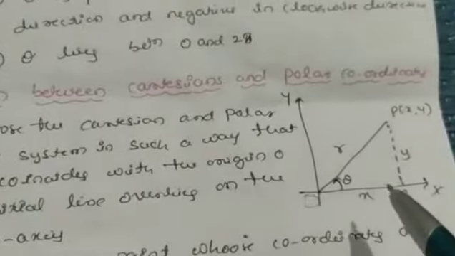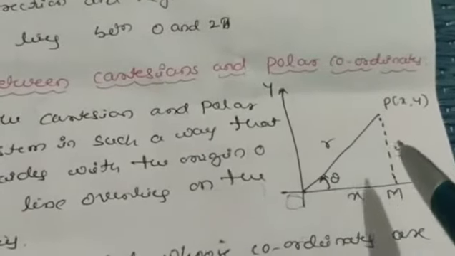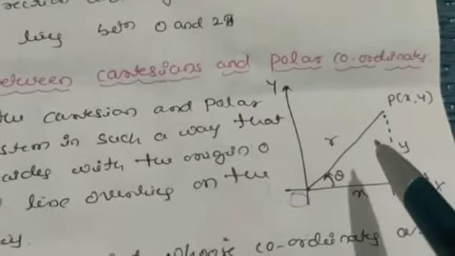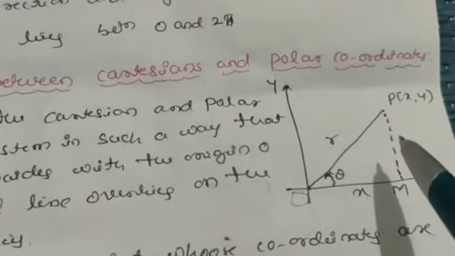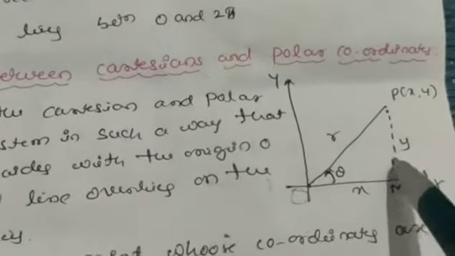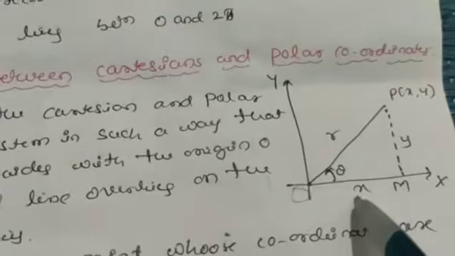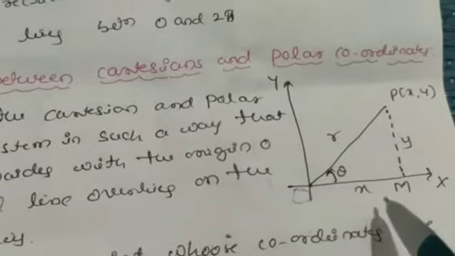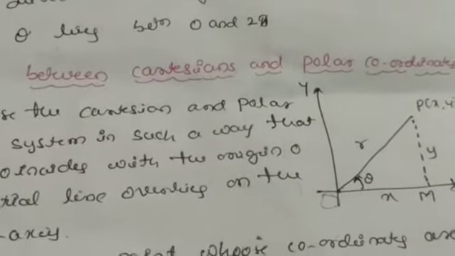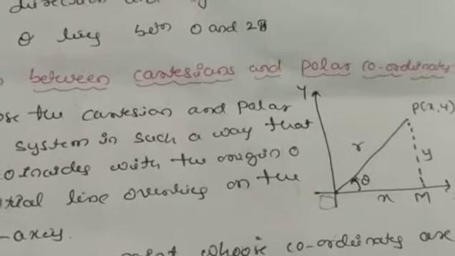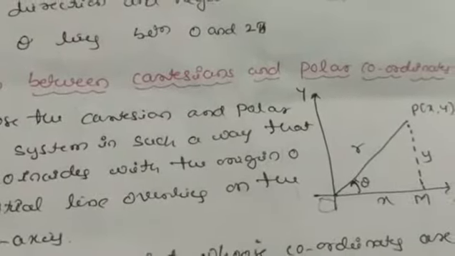From this figure we can say that sin theta is opposite by hypotenuse, that is y by r, and cos theta is base by hypotenuse, x by r. Using this we can find the relation between Cartesian and polar coordinates.